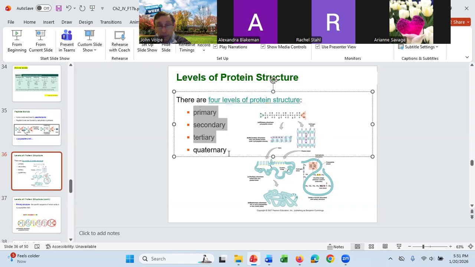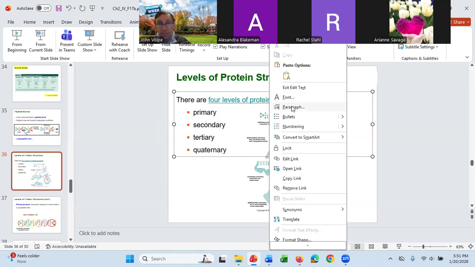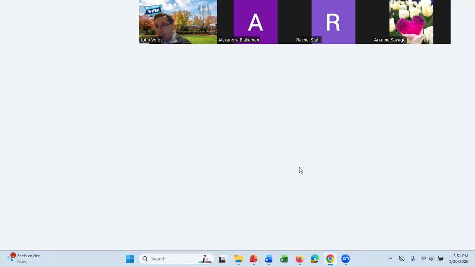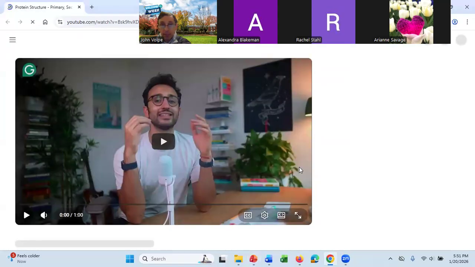Some proteins have a quaternary level of structure. Any question about any of that? If not, let's watch the video on the 4 levels of protein structure. I told you my computer was slow.